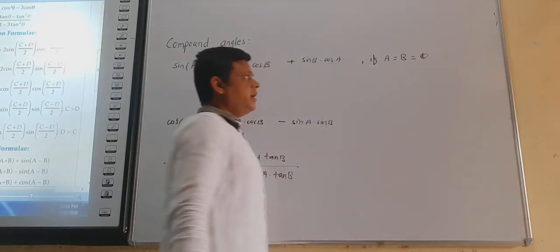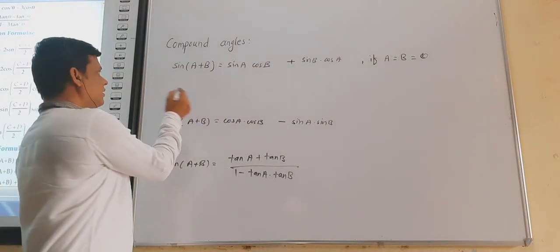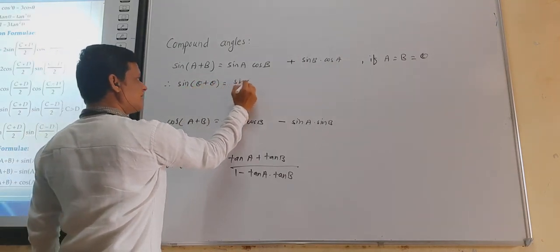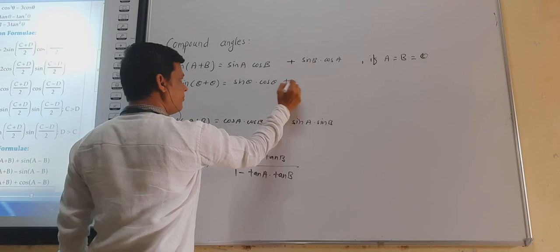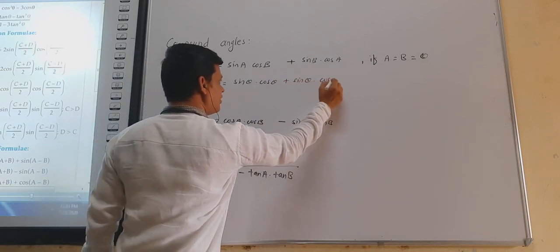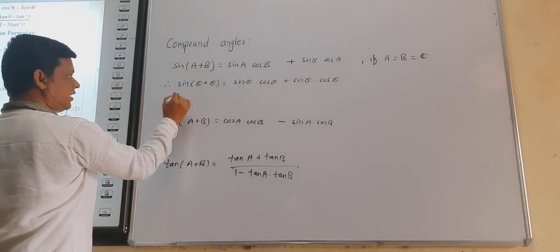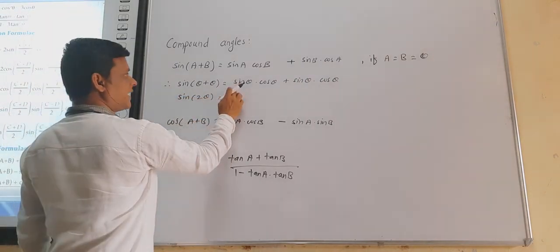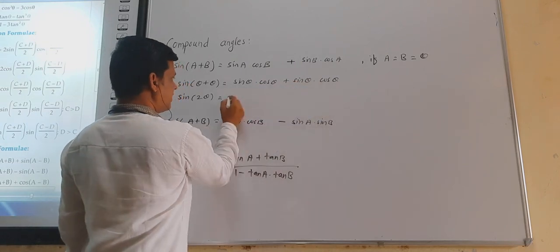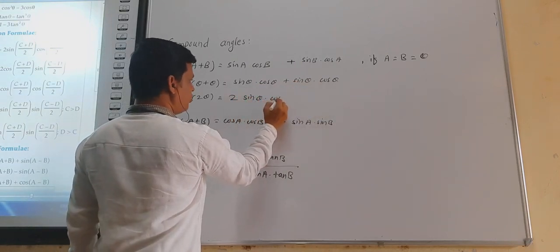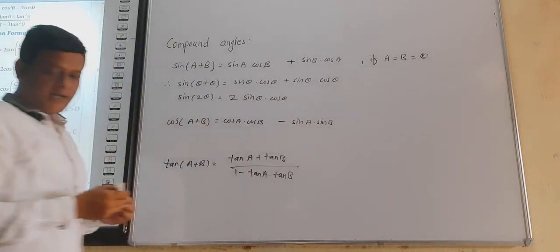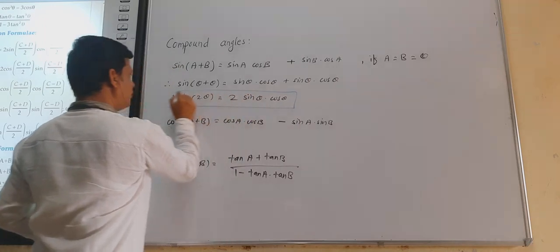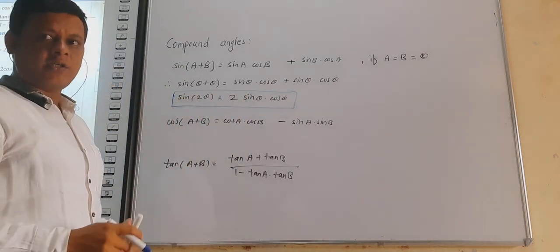Therefore sin(theta plus theta) equals sin theta into cos theta plus sin theta into cos theta. Theta plus theta is 2 theta, so we write sin 2 theta, and sin theta cos theta twice is 2 sin theta cos theta. So the first double angle formula is sin 2 theta equals 2 sin theta into cos theta.